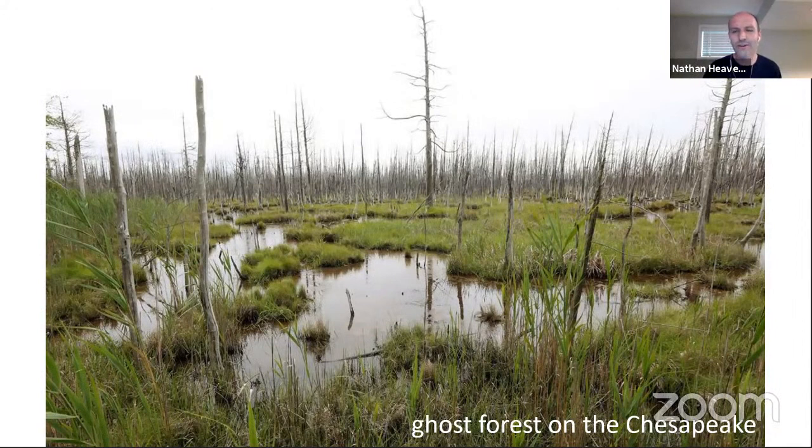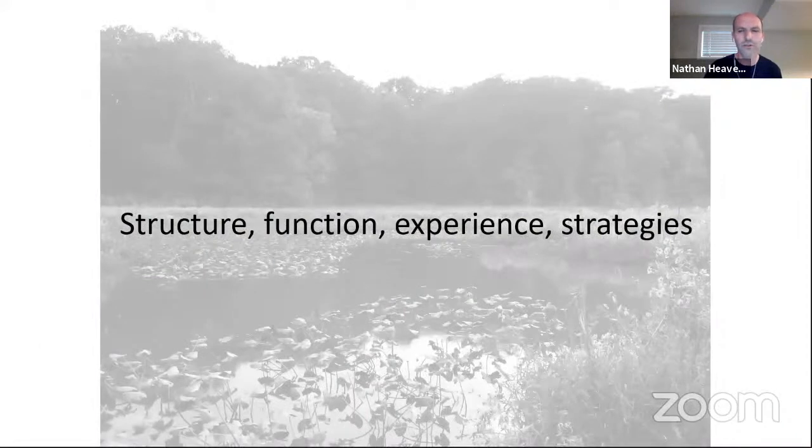So I'm not going to go into all of these topics in detail. I just wanted to present the lay of the land, as it were, in terms of the issues that are out there with coastal vegetation, and look at some particular sites to try and think about what we might do about these issues.